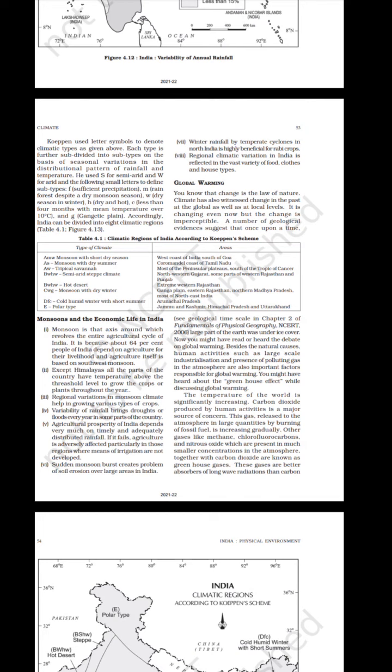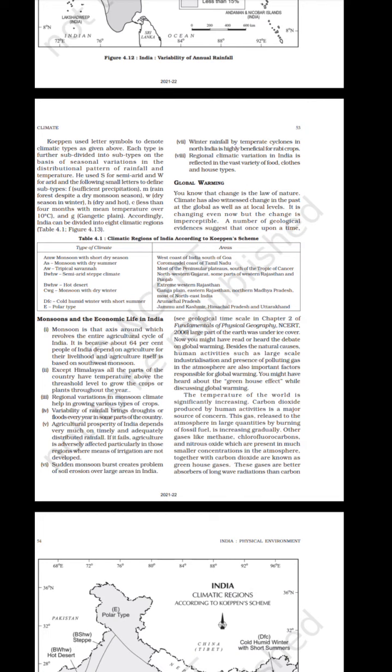Type of climate and areas: Amw, monsoon with short dry season, west coast of India south of Goa. As, monsoon with dry summer, Coromandel coast of Tamil Nadu. Aw, tropical savanna, most of the peninsular plateaus south of the Tropic of Cancer.